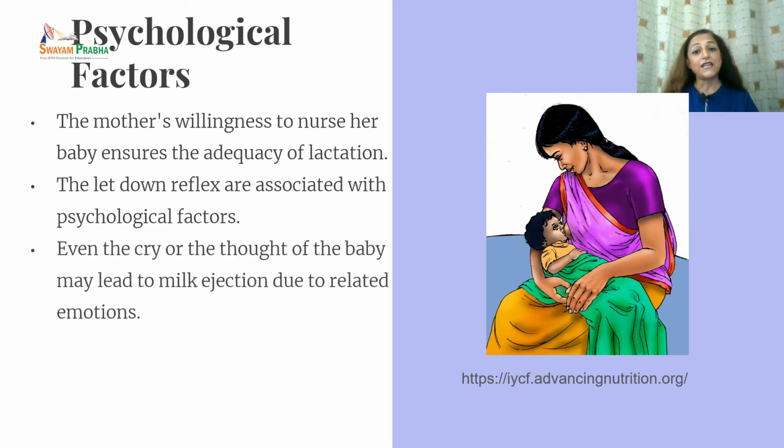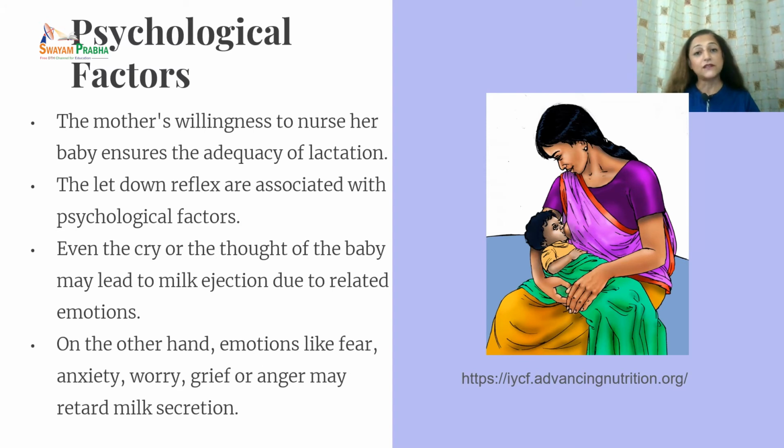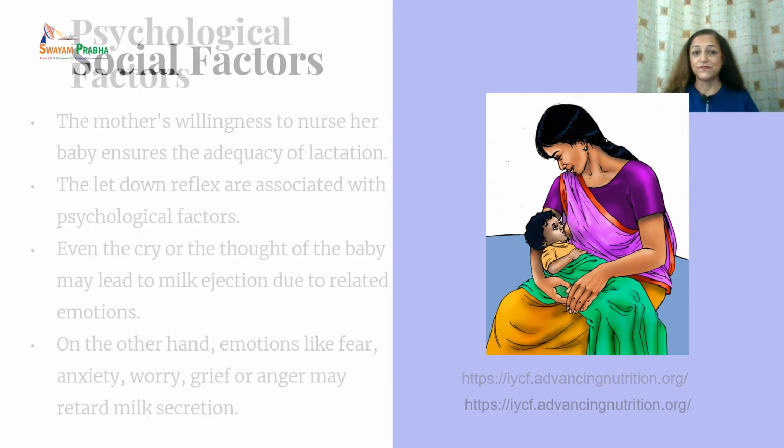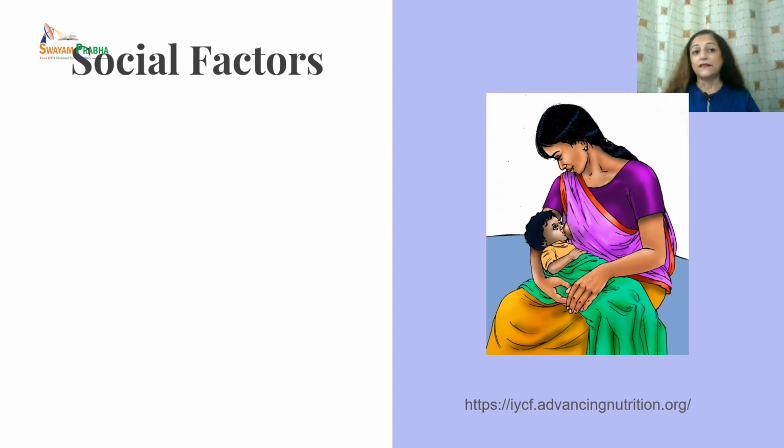Even the cry or the thought of the baby can lead to milk ejection due to certain emotions. On the other hand, if the mother is having fear, anxiety, worry, grief, or anger, it may retard the milk secretion. And along with that, another important factor is the social factor.